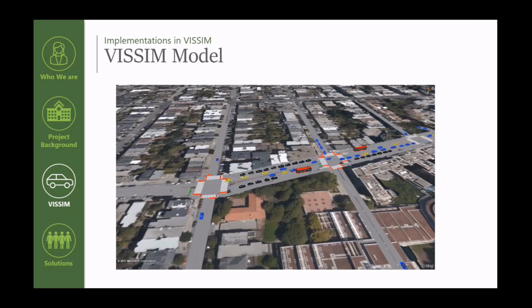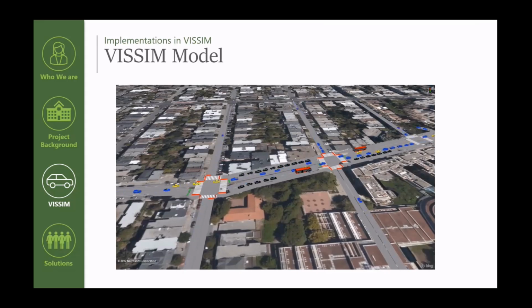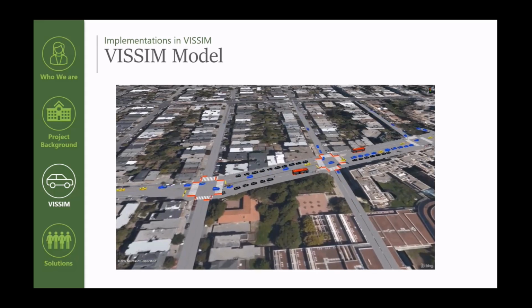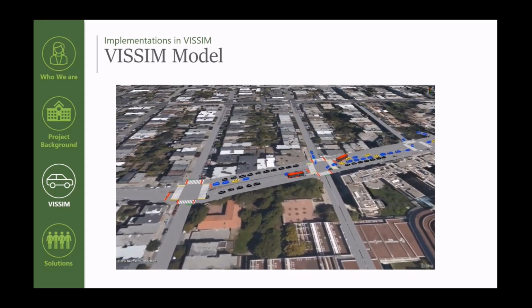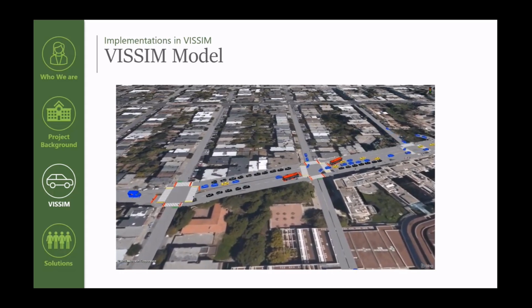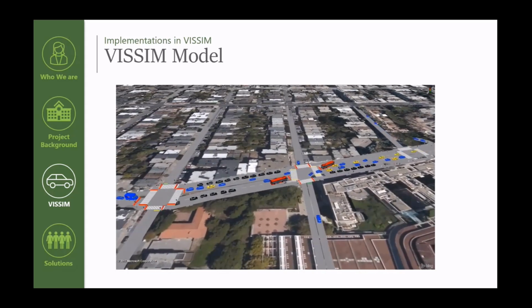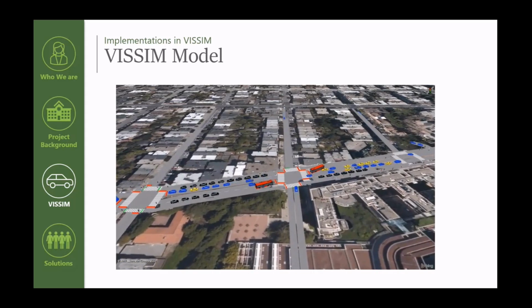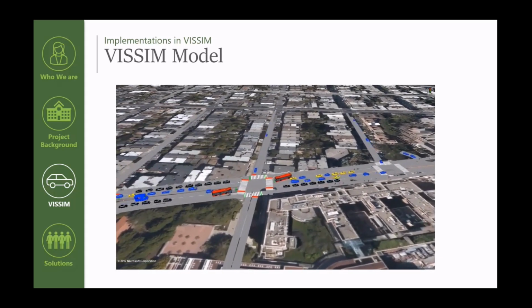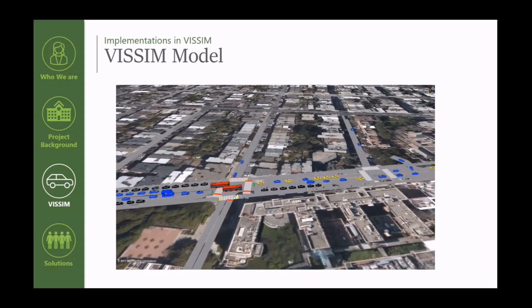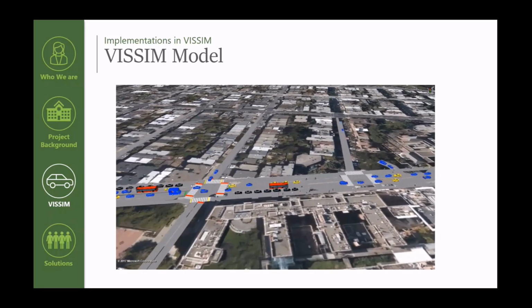So here is a preliminary 3D animation video that we took from our vision model. As you can see, the video captures the signalization of 2 adjacent intersections by the hospital, and we proposed high visibility crosswalks along the corridor, since these are the places that have really high pedestrian activity.